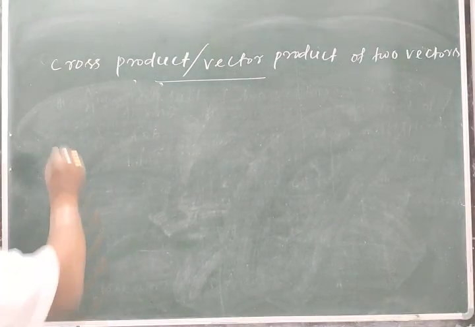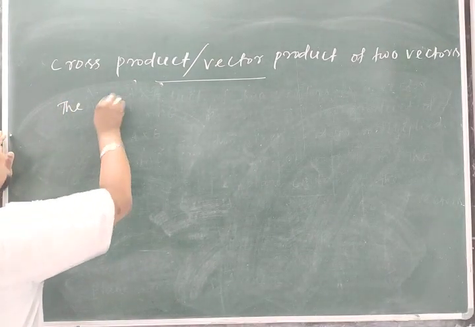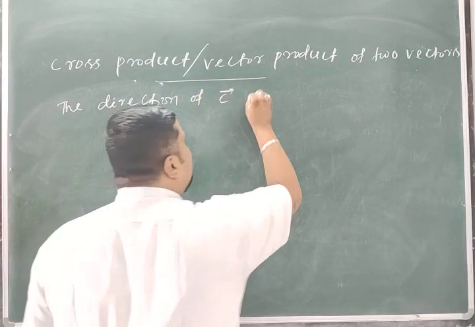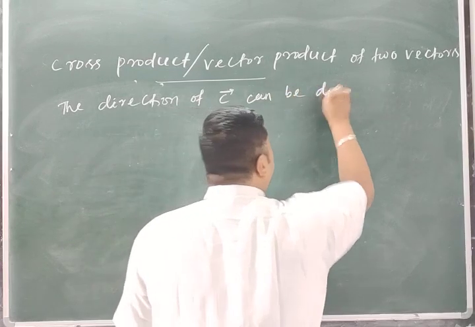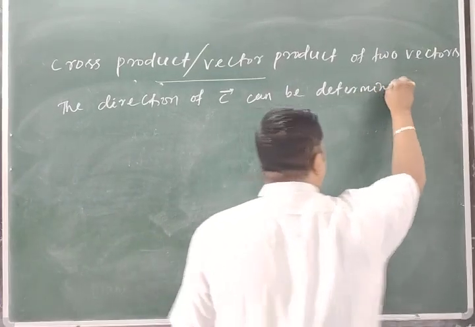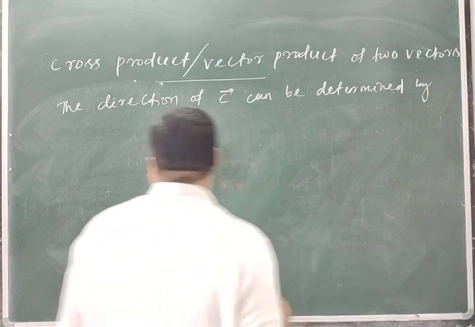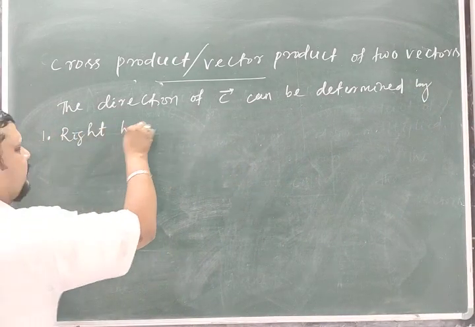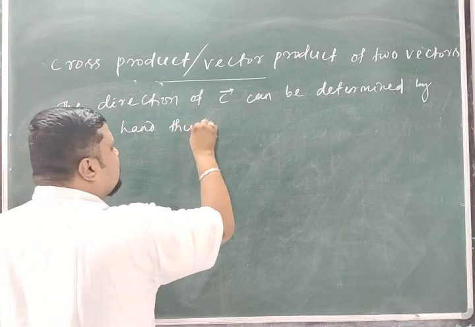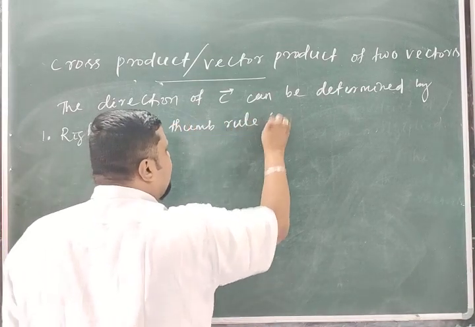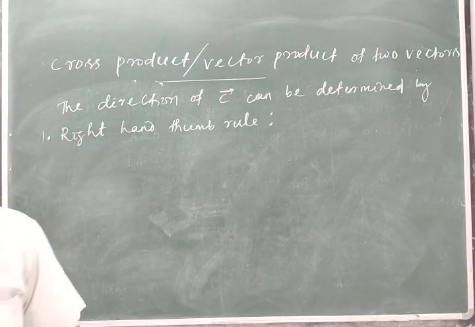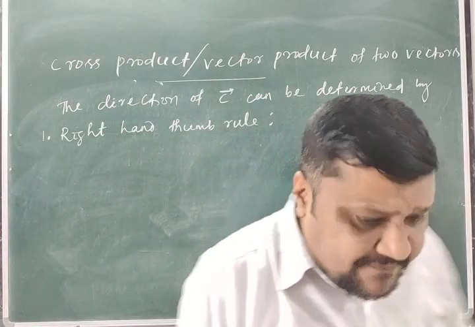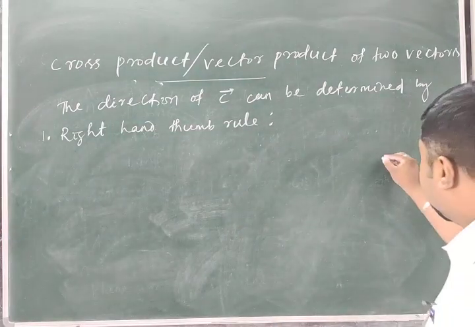So we can say that the direction of C can be determined by the right hand thumb rule. What is the right hand thumb rule? So now if you find the direction of A cross B, let us do the same thing.